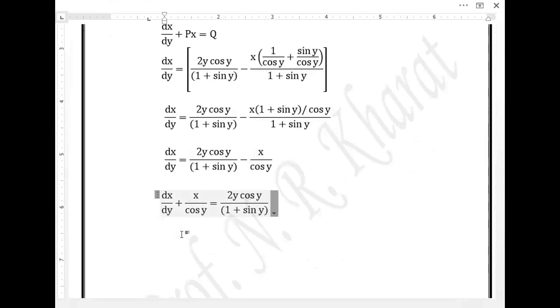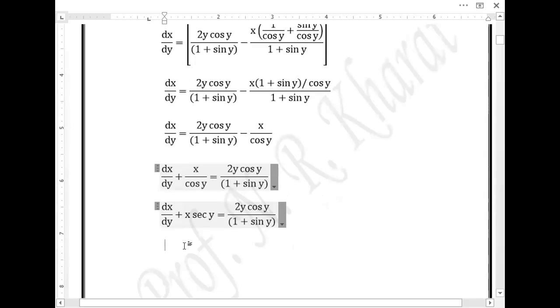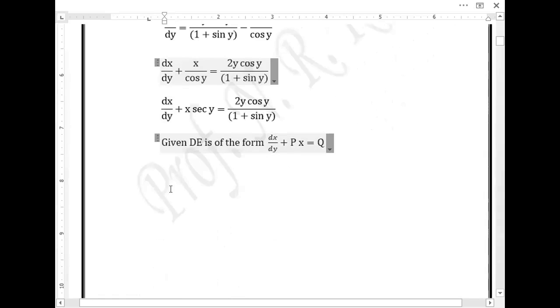When we compare it with the standard form dx/dy + P x = Q, we get the value of P equal to sec y, and the value of Q equal to 2y cos y divided by 1 + sin y.